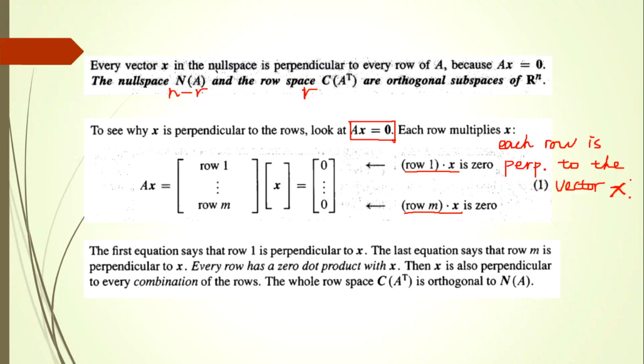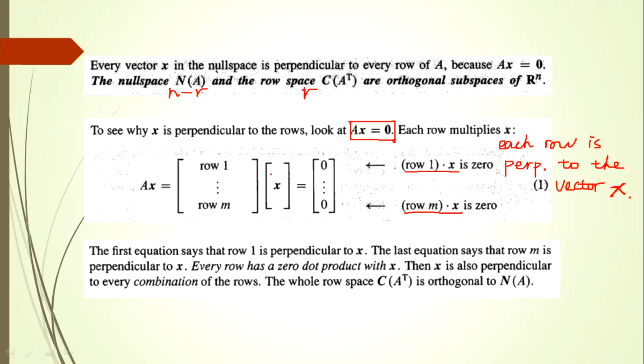And where is the x? X will be every vector in the null space. Each row in matrix A includes the pivotal rows, right? If the rank is r, that will include the r pivotal rows.